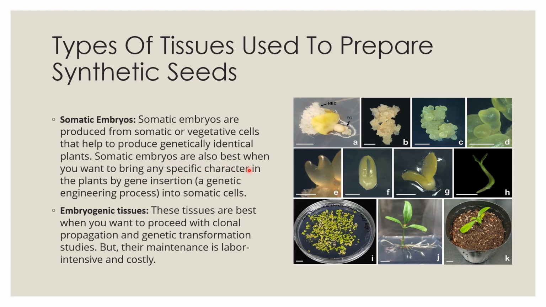Somatic embryos are also best when you want to insert any specific characters, genes, into the somatic cells. Embryogenic tissues are best when you want to proceed with clonal propagation and genetic transformation studies, but their maintenance is labor intensive and the costliest method.